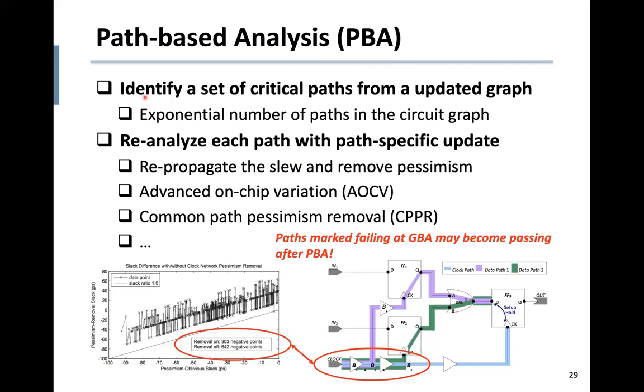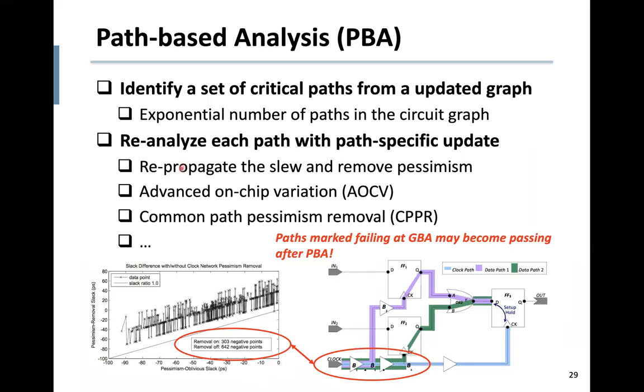The idea of path-based analysis is to identify a set of critical paths from an updated graph. And this process is extremely time-consuming because of the exponential number of paths in the circuit graph you need to analyze. Once you identify a set of critical paths, you can reanalyze each path with path-specific updates.